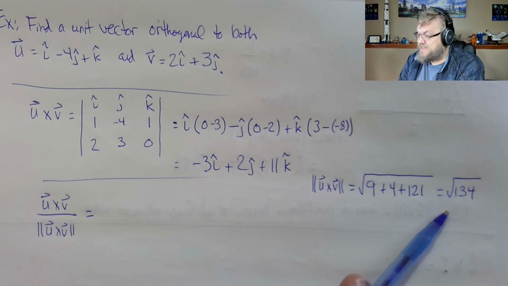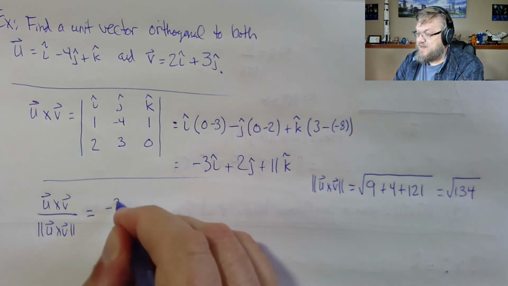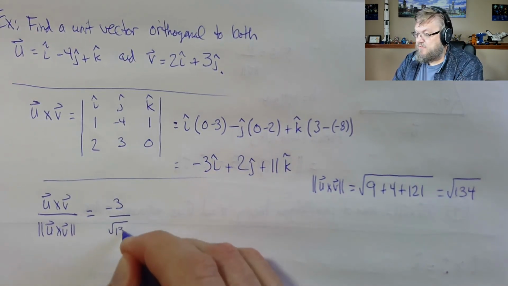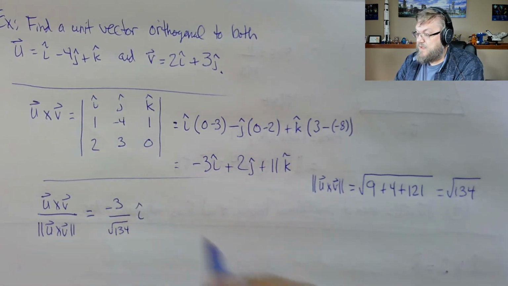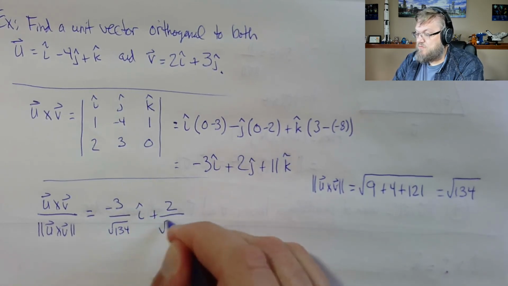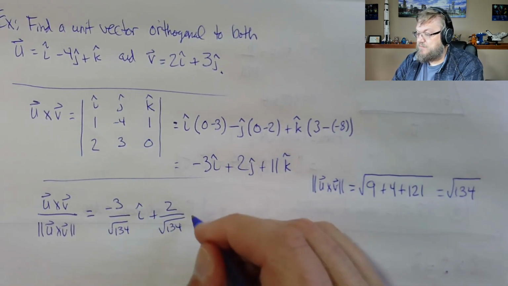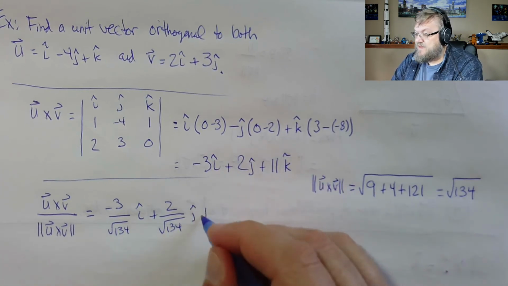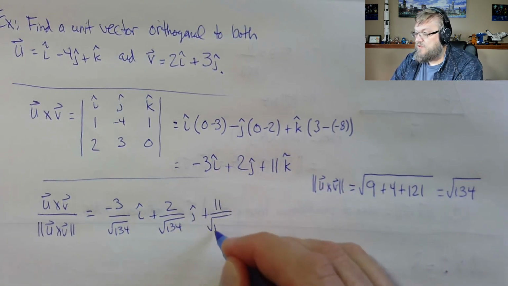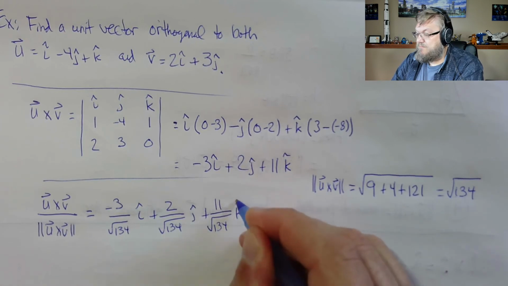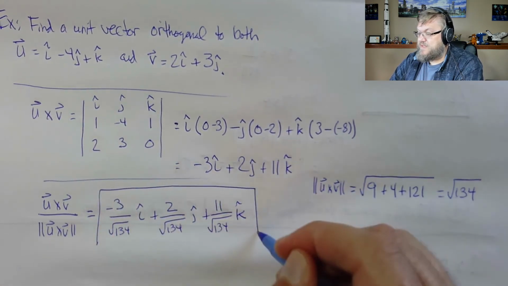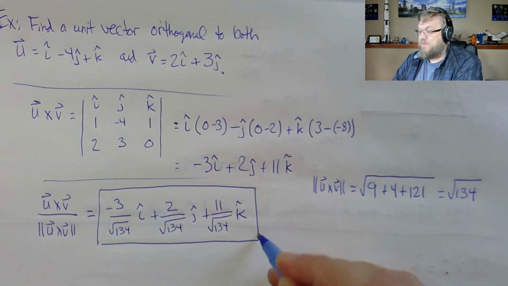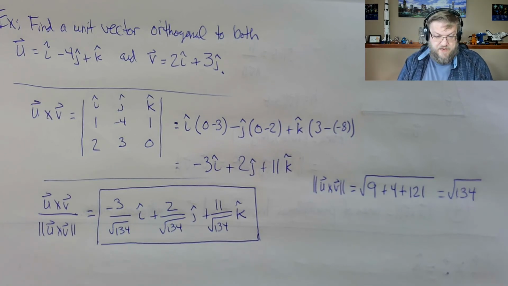And so my final answer here is going to be the following. Negative 3 over root 134 i, plus 2 over root 134 j, plus 11 over root 134 k. That is a unit vector orthogonal to both u and v.